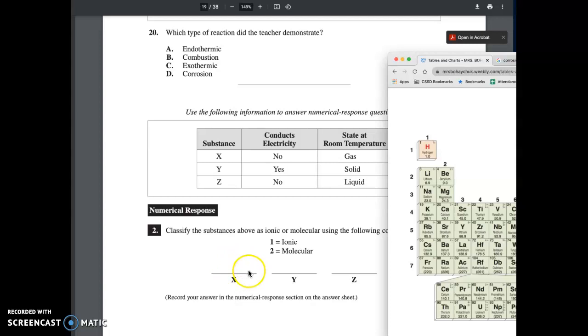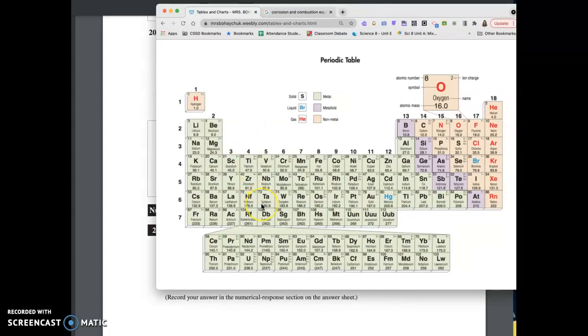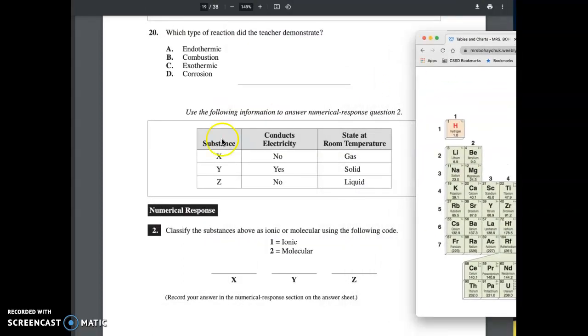So we would put a 2 in the X box. Xbox, like the video game. Yes, it conducts electricity, and it's solid at room temperature, so it's probably ionic, because a metal and a nonmetal might conduct electricity. Okay, so let's put 1 here, ionic. Substance C conducts electricity. No, it doesn't. And it's liquid at room temperature.